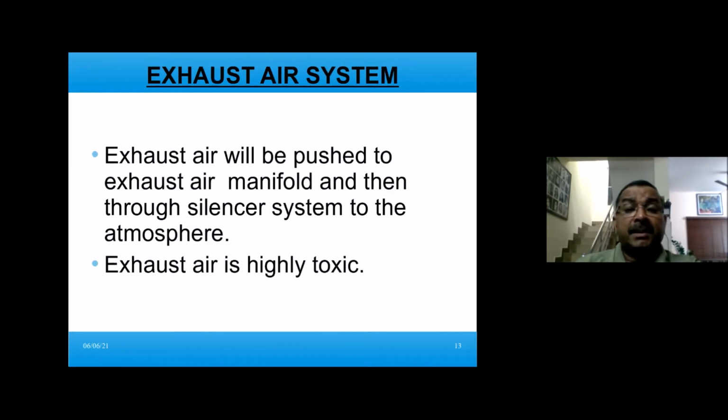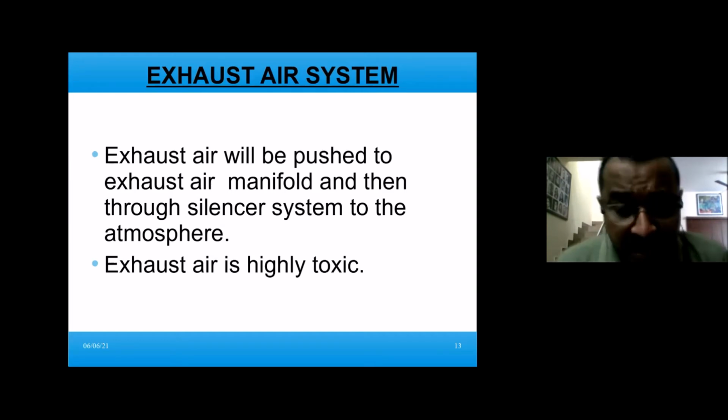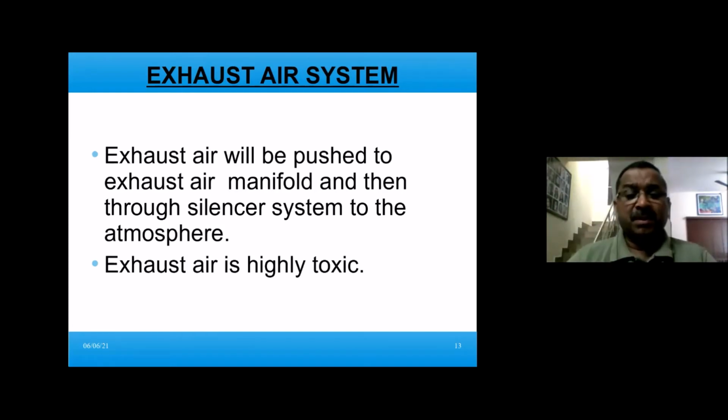Then another system we have got is the exhaust air system. The exhaust air system is somewhat similar to the inlet air system. The exhaust air in the fourth stroke will be pushed to a manifold, meaning a pipeline, and then it will be pushed to the atmosphere through a silencer system.